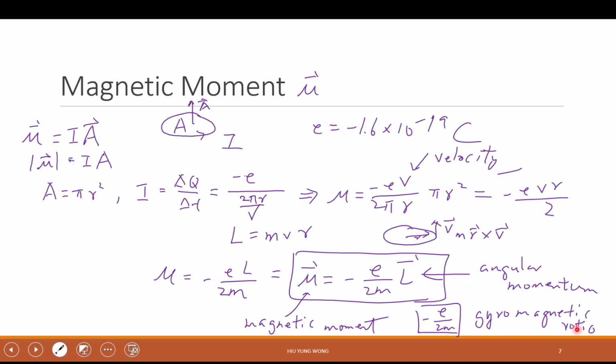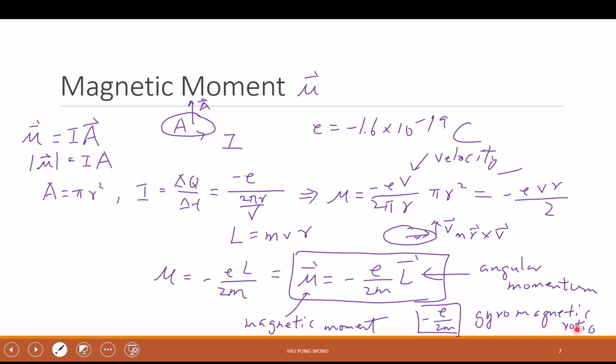It's saying that if you have a charged particle with this type of angular momentum, you will create the corresponding magnetic moment. Maybe this is not that important, but I want you to know about it so that when you read more, you understand what people are talking about.